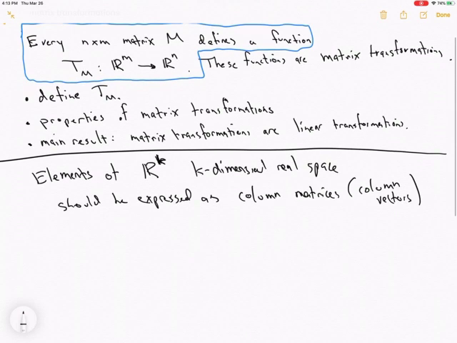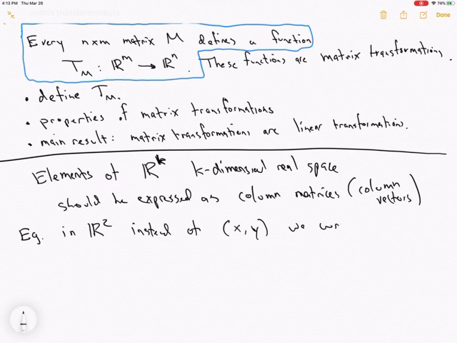So this is not typically how you represent elements in k-dimensional space. Typically, we write the coordinates horizontally. So, for example, instead of specifying a point in R2 by writing that, we write x, y.